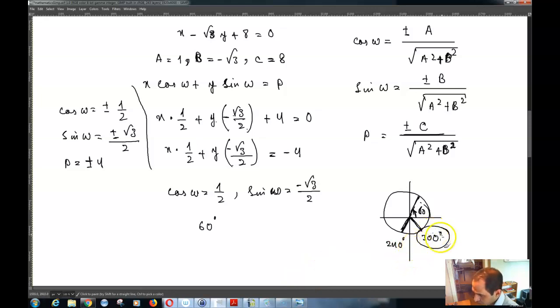But the problem is that this is actually not the right angle. This angle does basically decide the slope of your line, meaning that if you have an angle of 300 degrees, and suppose, for example, let's take this as 4 units, 300 degrees is going to give you some angle like this, and 4 units over here, then your line is going to be some line like this.